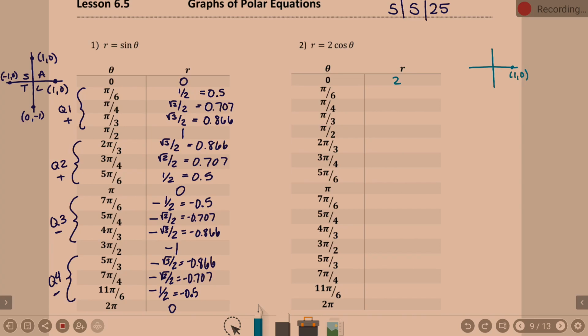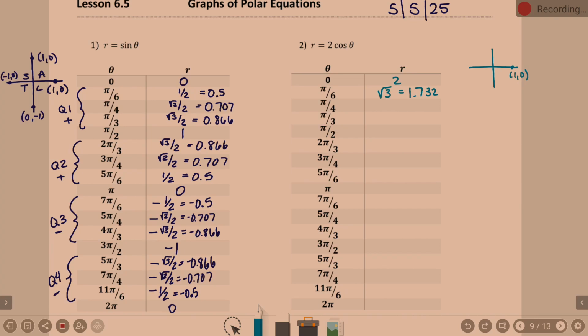The cosine of pi over 6 is square root of 3 over 2, but then when you multiply that by 2, you're just going to get square root of 3. I personally know square root of 3 to be approximately 1.7. I guess in my notes I put 1.732. Cosine of pi over 4, square root of 2 over 2.